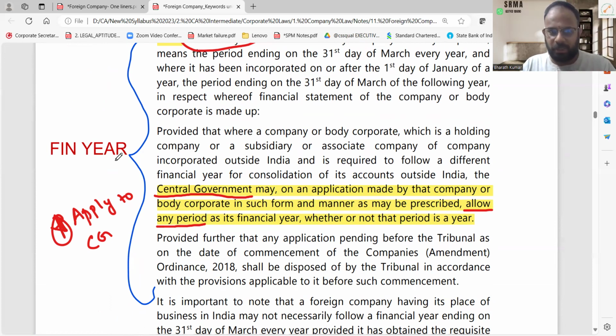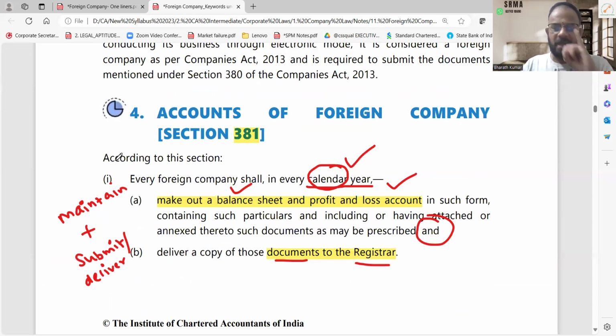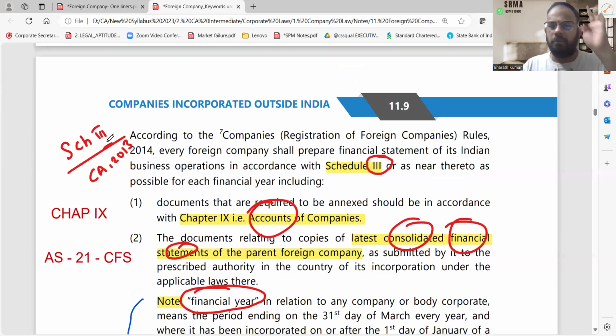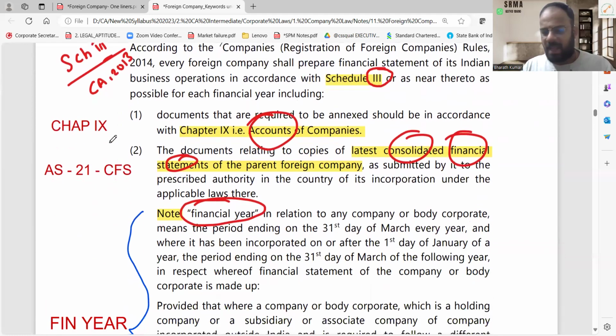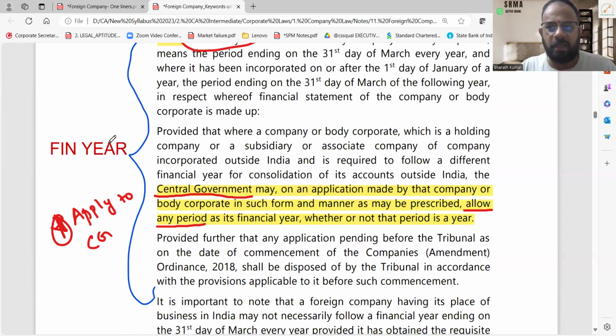See how many points I'm telling you. I'll repeat again. Number 1, as per the calendar year, you will go as per the balance sheet and P&L, submit the documents to the registrar, as per Schedule 3, Chapter 9, AS 21, and apply to the central government if you want any other period as your financial year. This and all you will write.